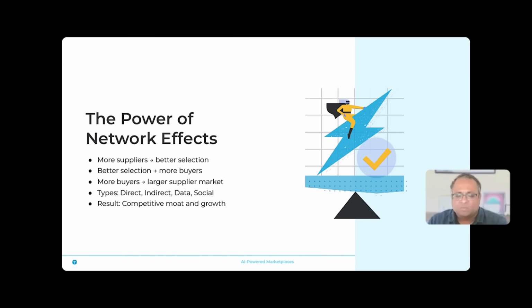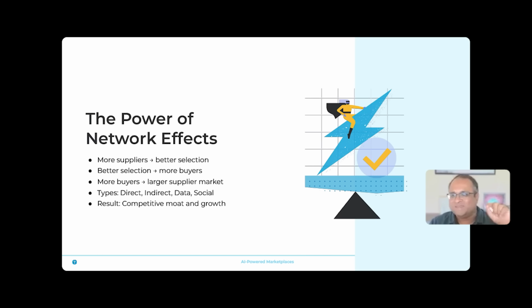One thing I alluded to before, but I want to make sure that people understand this: the biggest power of a marketplace comes with the network effect. There are more suppliers, there is better selection for the buyers. Better selection means more buyers. More buyers means there is a larger supplier market. So this is almost like a wheel where, once you have more suppliers, you'll invite more buyers.